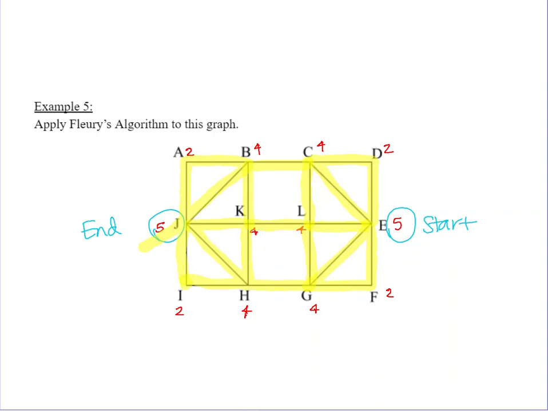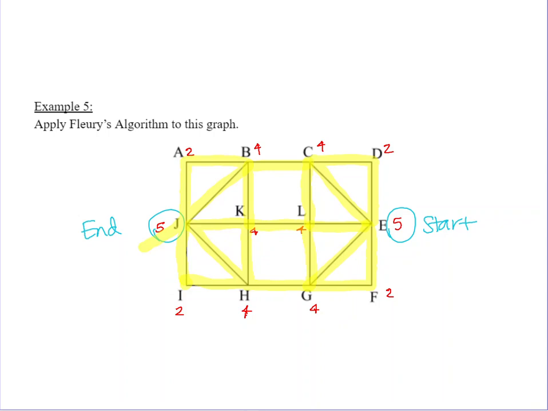I've completed my Euler path. Now, because this graph is symmetrical, you're less likely to encounter a bridge. The graph that we looked at originally, because it was not symmetrical at all, there were definitely bridges as we went through our path.